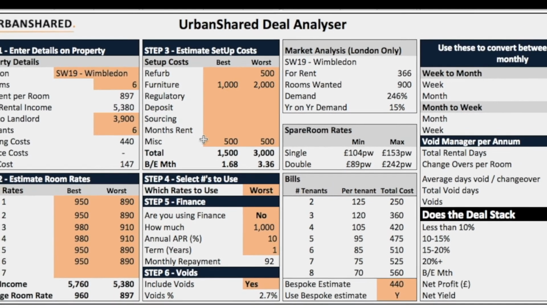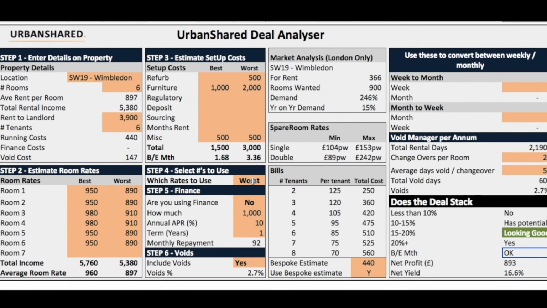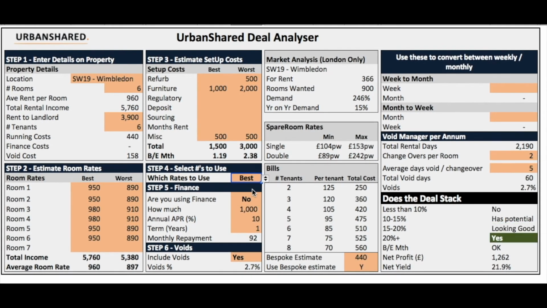In terms of the break even month. So at the best case scenario, this deal, when we were paying 3,900 to the landlord and it was costing us 440 per month, with a void estimate of 2.7, which equates to £158, the property was making £1,262 per month, which equated to a 21.9% return, which worked for us.